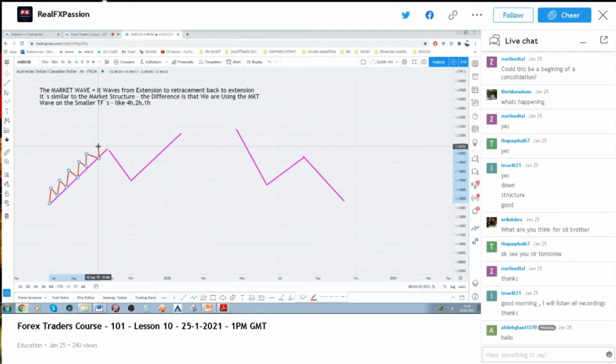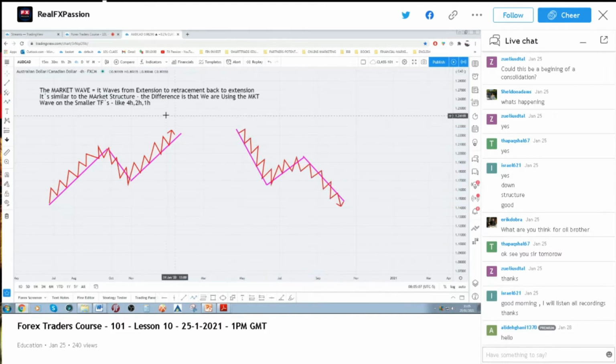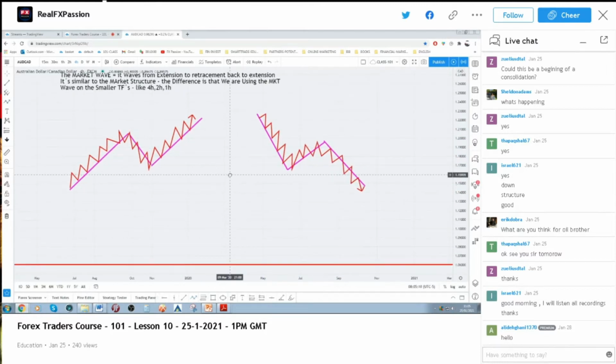It uses the same concepts. The change in the short-term trend is going to define the extension or the retracement. We learned about this, nothing special. Lower lows, lower highs, lower lows, lower highs. The difference is that we are using the market wave on the smaller time frames.